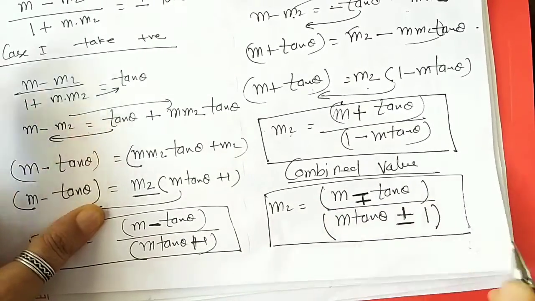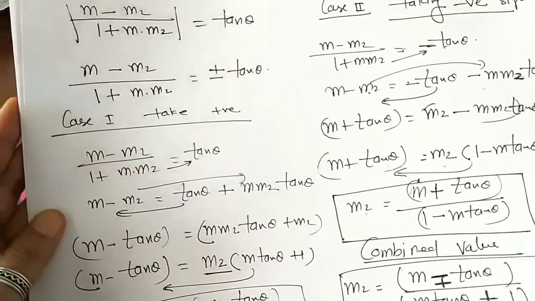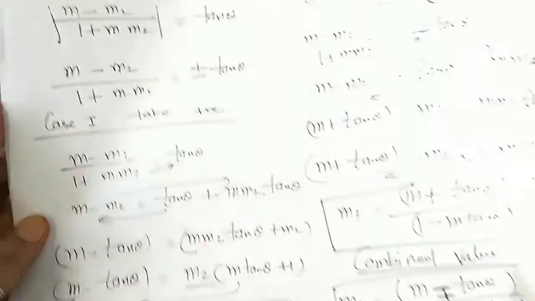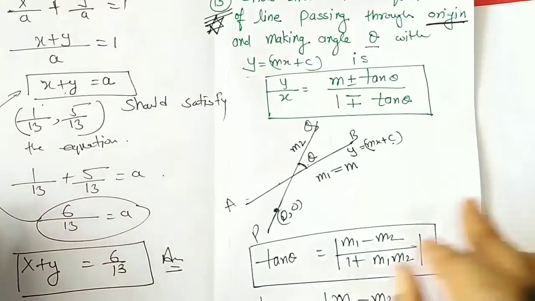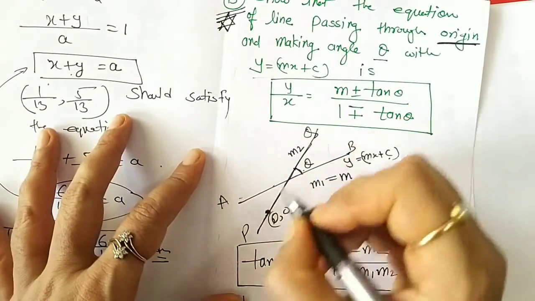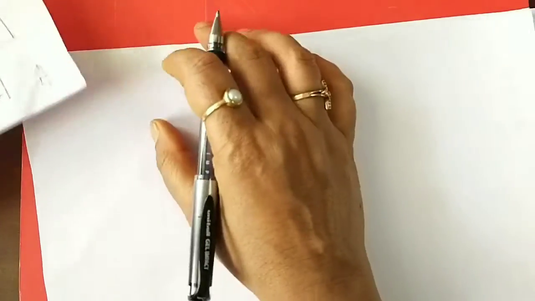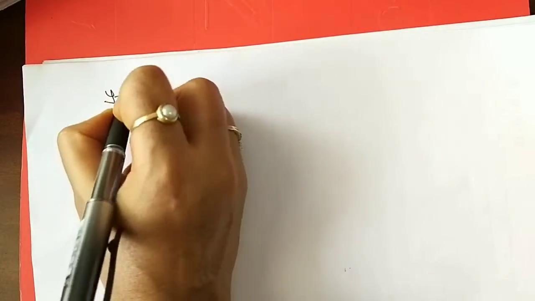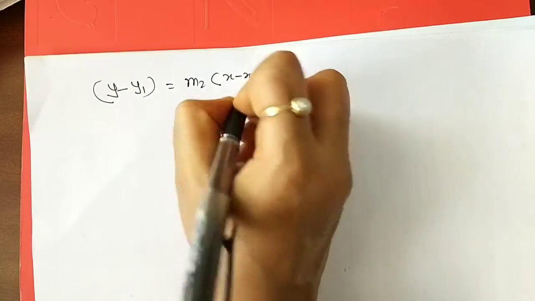So I got the slope. Okay, so what will be my equation, guys? I have the slope and I have the point. They have given the line which you wanted. See, the line which I wanted here is passing through this point, and the slope I calculated. Understood? So what will be the equation of the line? y minus y1 is m2 times (x minus x1).